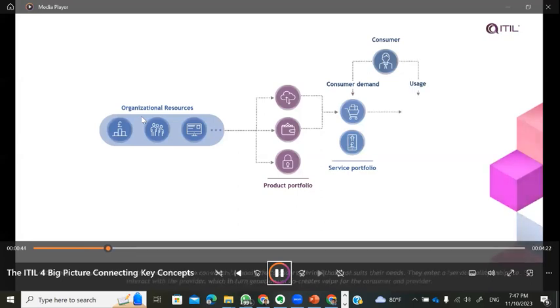Other organisations or individuals acting as service consumers choose the service offering that best suits their needs. They enter a service relationship to interact with the provider, which in turn generates or co-creates value for the consumer and provider.